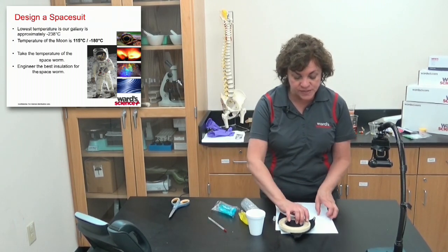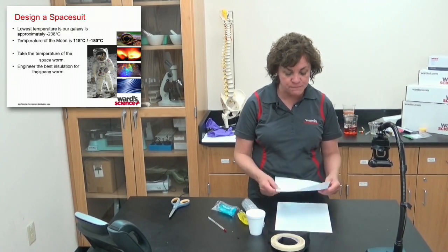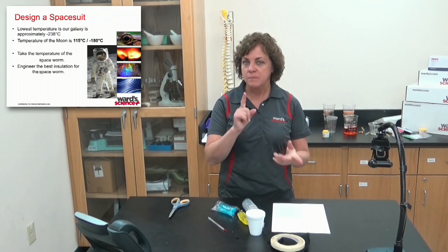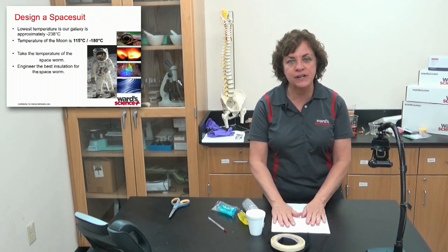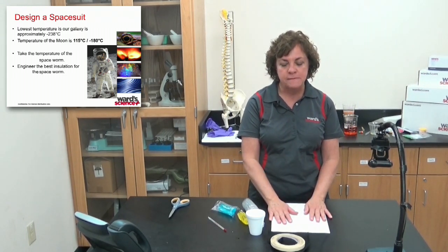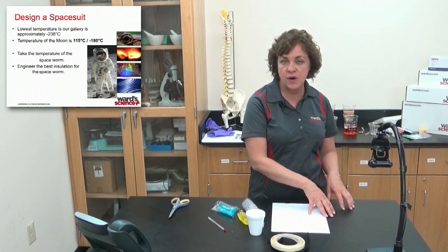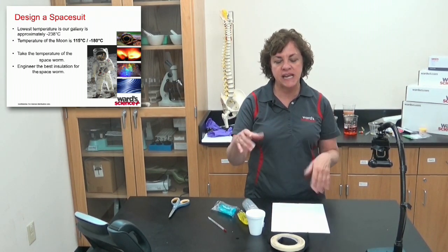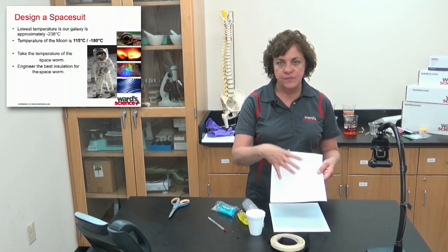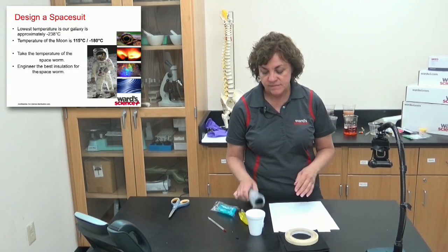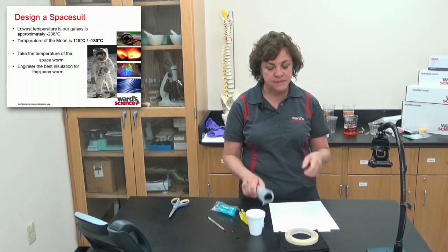Or you could do something like paper. Now, why am I picking paper, you say? Because the other part of this experiment is that the kit actually has each thing, so tape, felt, bubble wrap.